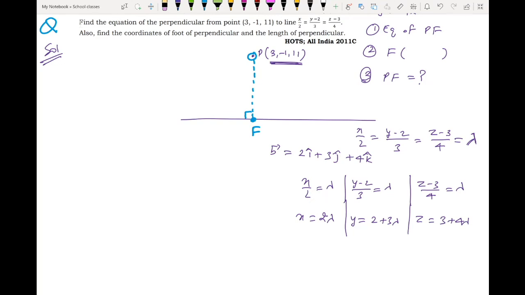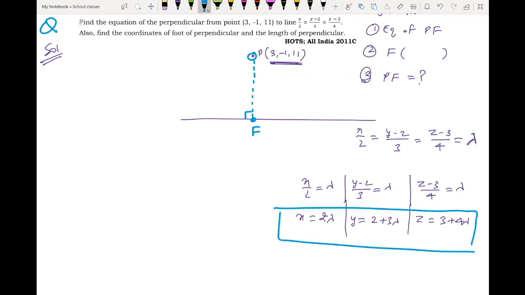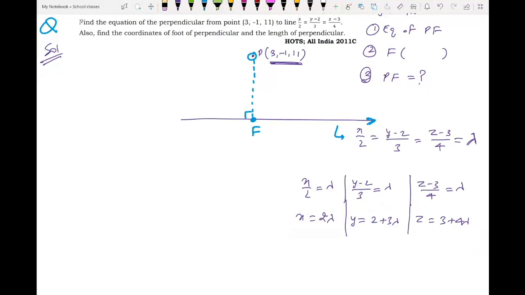Okay. See, what is this? Yes, I told you about this. What is this? Anyone who can tell me? A general point which is lying on the line. Which line? This line, because this is the equation of this line. We got the values of x, y, z from this line. That means this can represent any point.